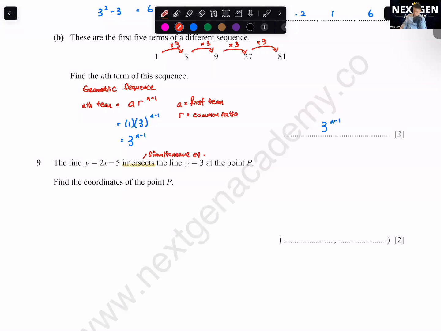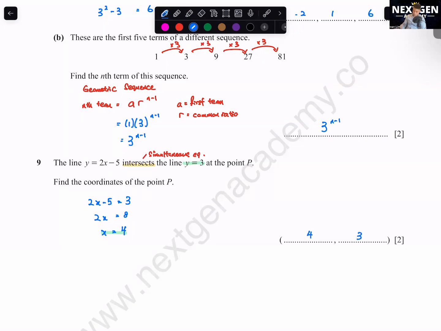So I'm going to substitute this into here. The equation will be 2x minus 5 equals 3, 2x equals 8, x equals 4. So my x is 4 and my y is 3. 4, 3. That's all we need to do.